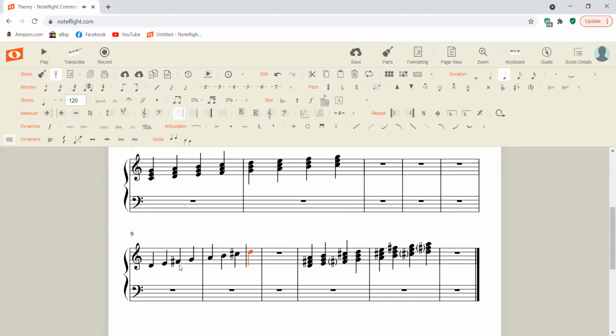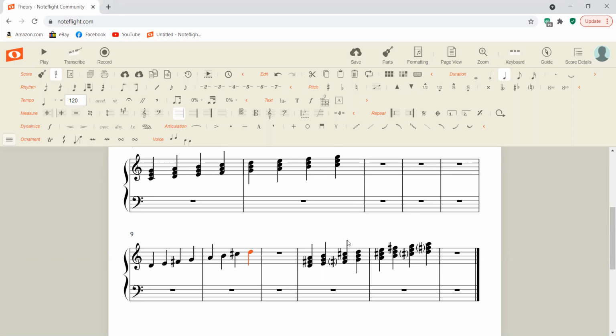Right? D, E, F sharp, G, A, B, C sharp, D. Okay. So for the purposes of the triads, I have put in these courtesy accidentals, which are these sharps in parentheses to remind us that they are sharps, even though they would not be marked otherwise.